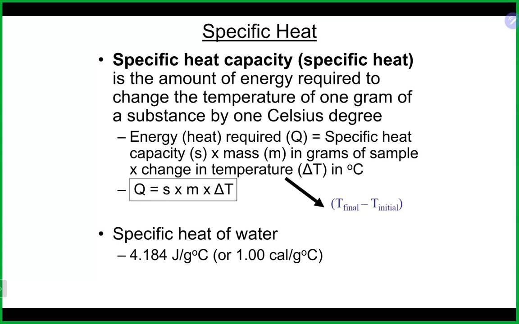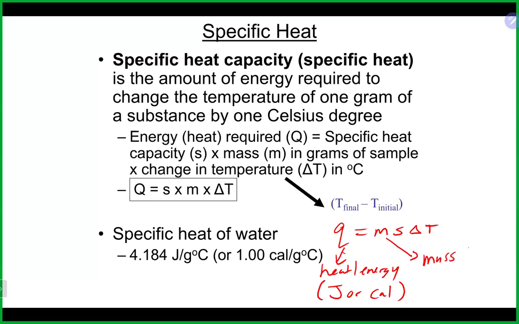And there is a specific heat equation, which personally I use this one. Q is equal to m s delta T. Q is heat or energy, and it has units of joules or lowercase calories. M is mass, which has units of grams.